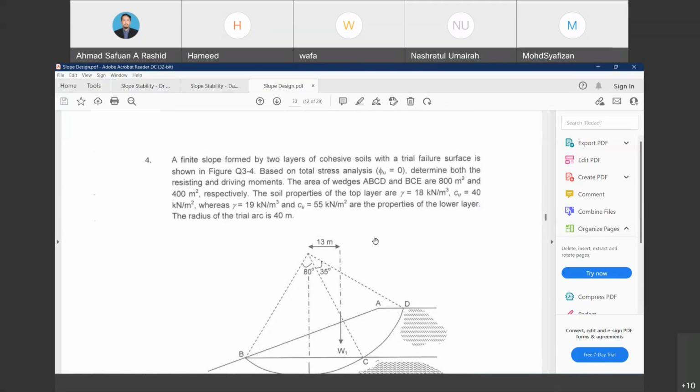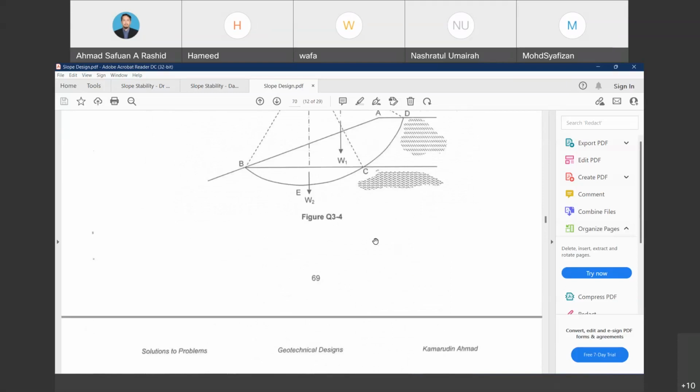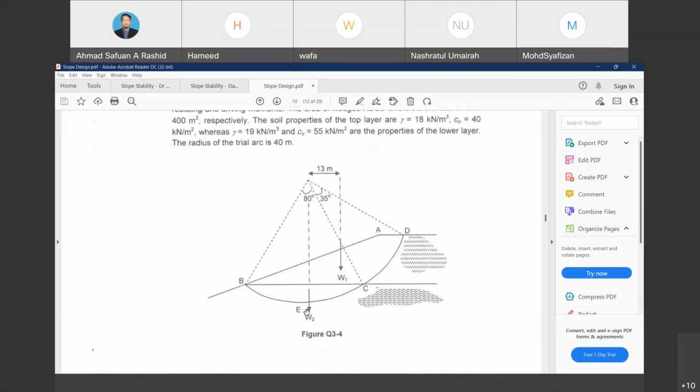I need to go a little bit fast because it is just a repeated solution, because most of you know how to solve the problems. So we have here W1, W2 because they have two layers.